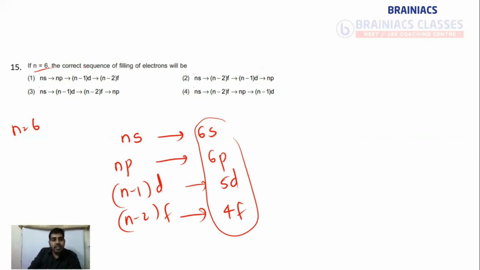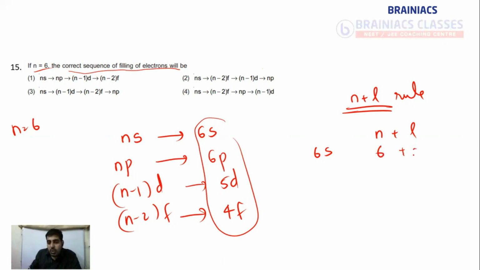So we have to find the correct sequence of filling of electrons. The n plus l rule will help us to find the correct sequence. Now, for 6s, the n plus l value is 6 plus, for an s orbital, l is 0, so 6 plus 0, that is 6.